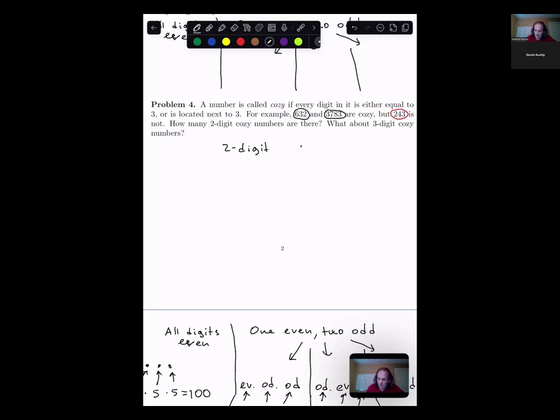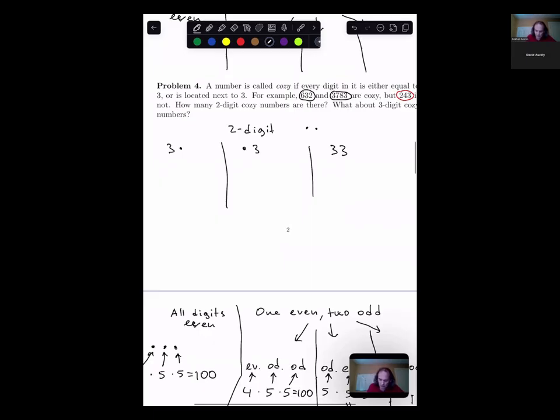Two digit, right? And they should be cozy. What are the different options we should look at? Right. So we might have 3 and something, or we can have something and 3. I would also consider 3, 3 separately. And I will insist that in the first two cases, that other number is not 3. So that we don't double count. All right, very good.